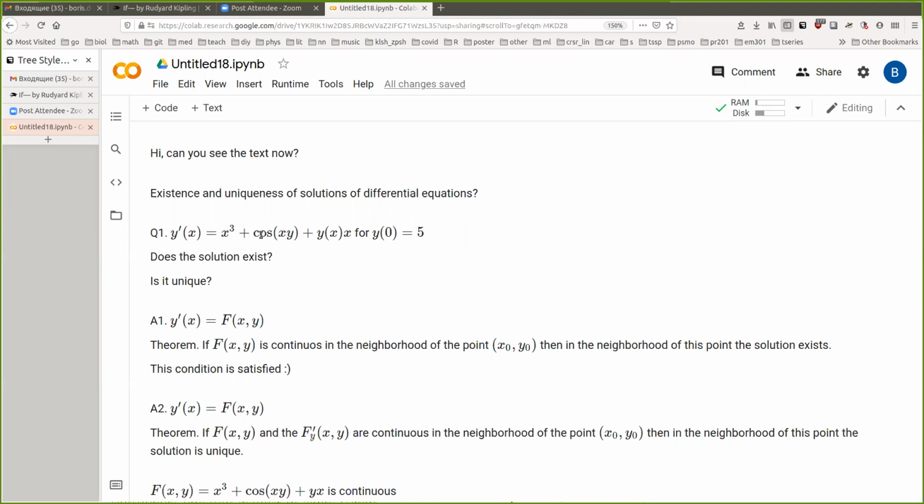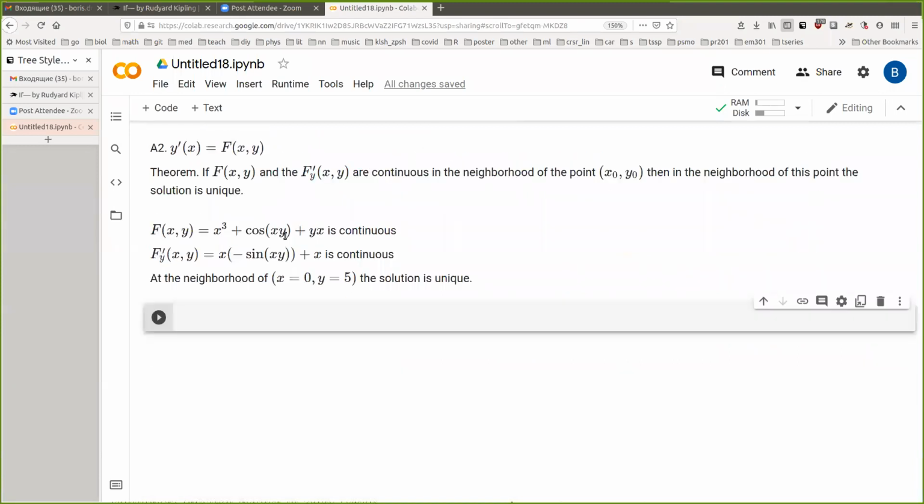So we are discussing the existence of a solution, and we just cannot solve this equation because it's too tough for us. It contains cosine of xy, and the function is inside. So it's a little bit tough to solve it, but we are discussing the existence of a solution. Okay. Any questions for the moment?